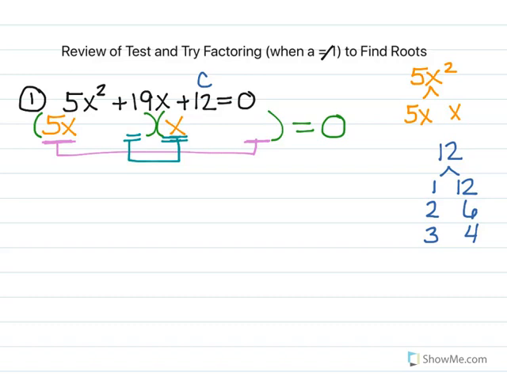And this is why it's often called the test and try, because you have to test some different things, whether it's on paper or in your head, until you figure out what works.